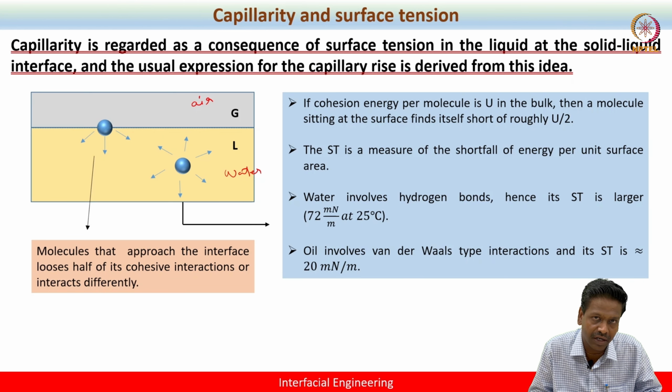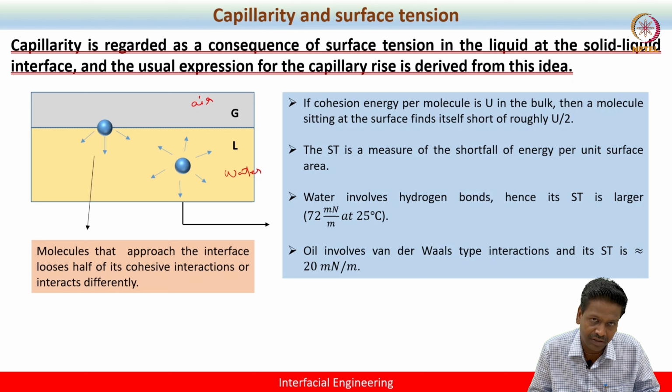This shortfall of energy leads to a net imbalance in the force, which causes the molecules to minimize their contact area with the adjoining bulk phase, which is air in this case, so there will be a downward force. They want to maximize their contact area within the surface so that they get more contact with their own molecules.